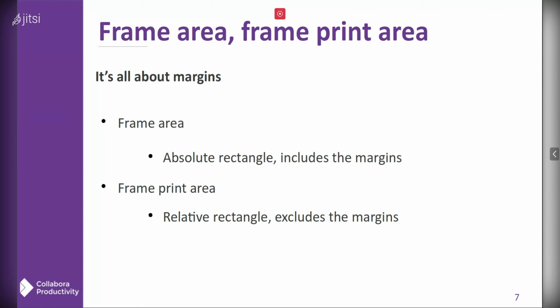So in case you don't have any paragraph margins, then your frame print area will be at position 0, 0, and your frame print area size will be exactly the same as the frame area one.